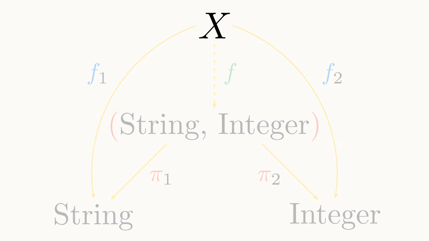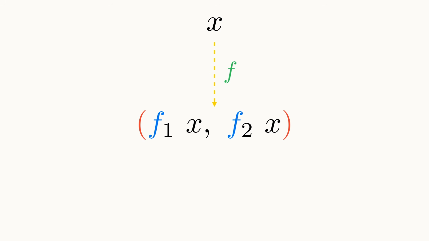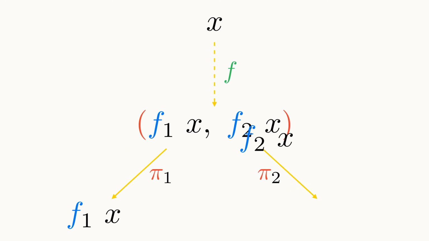Let's check that. Any term x will be mapped to the pair f1 applied to x, f2 applied to x, under the function f. And then pi1 will return the first element, f1 applied to x, and pi2 will return the second element, f2 applied to x. Notice that this is exactly the same term that we would get if we went the other path through the diagram.